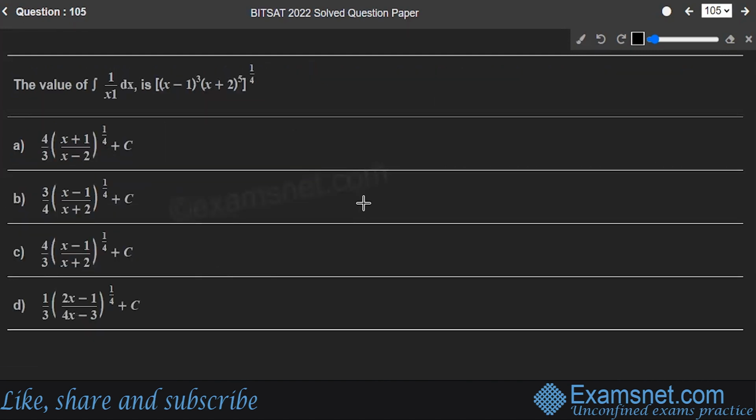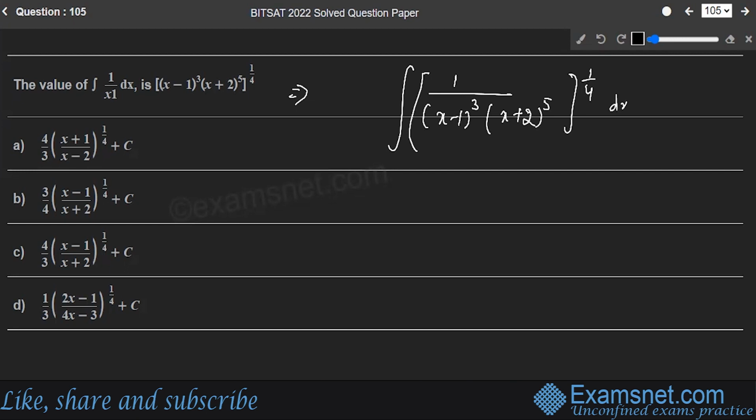The value of integral of 1 upon, okay, let me check the equation once. The given equation can be written as the integral of 1 upon x minus 1 cube x plus 2 raised to power 5, this whole thing raised to power 1 by 4 dx.